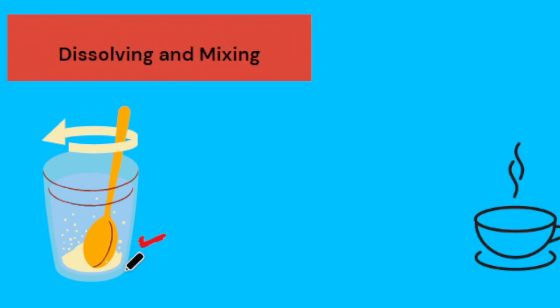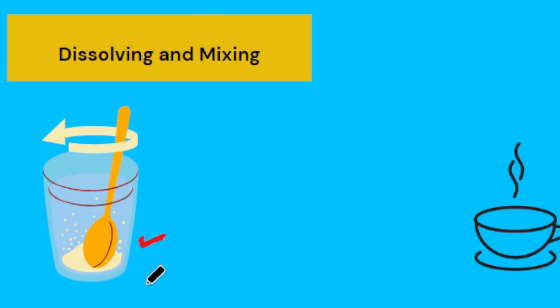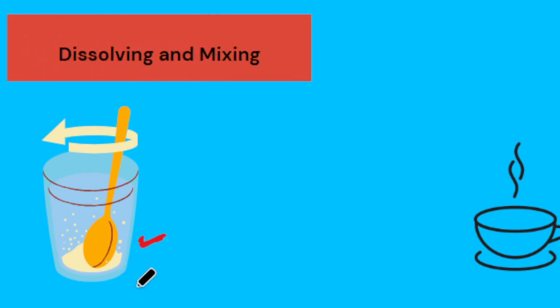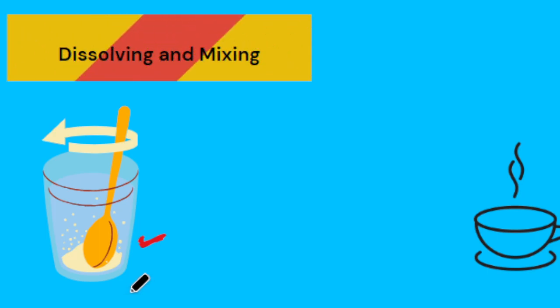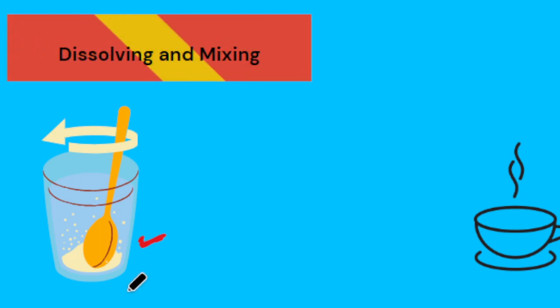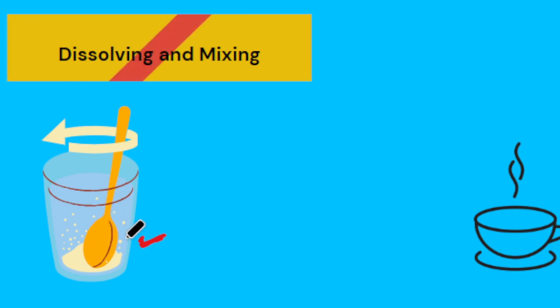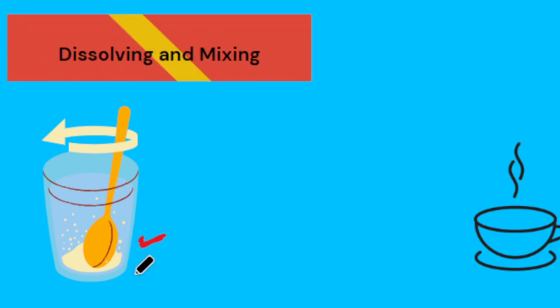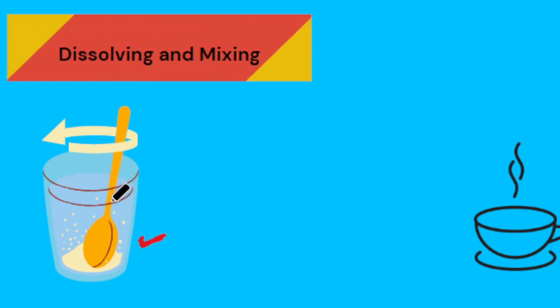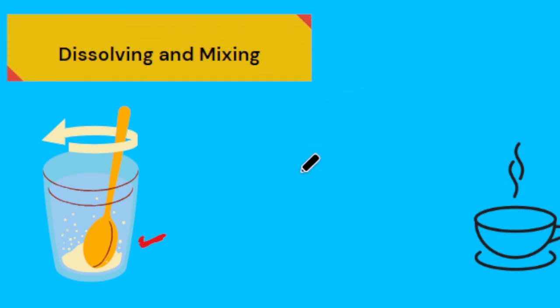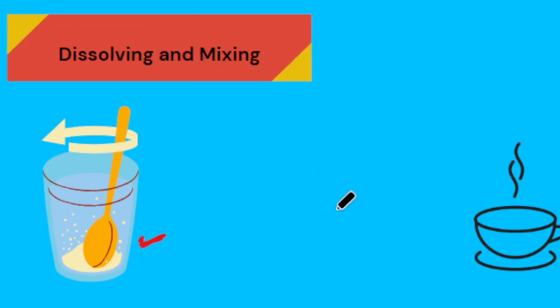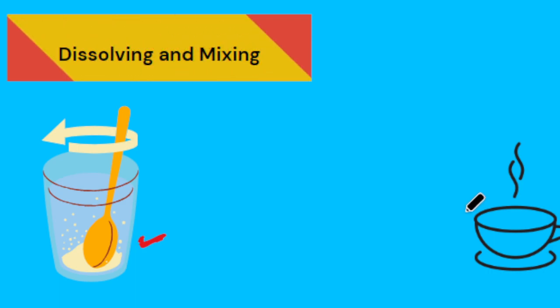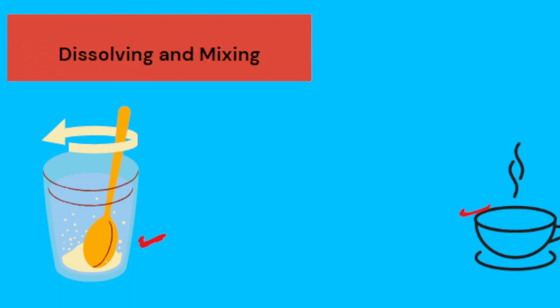That is a physical change, because we get a solution, a mixture of both water plus salt. There is no new substance formed, only the two present there, salt plus water. So yes, dissolving and mixing are also considered physical changes, like dissolving sugar in coffee.